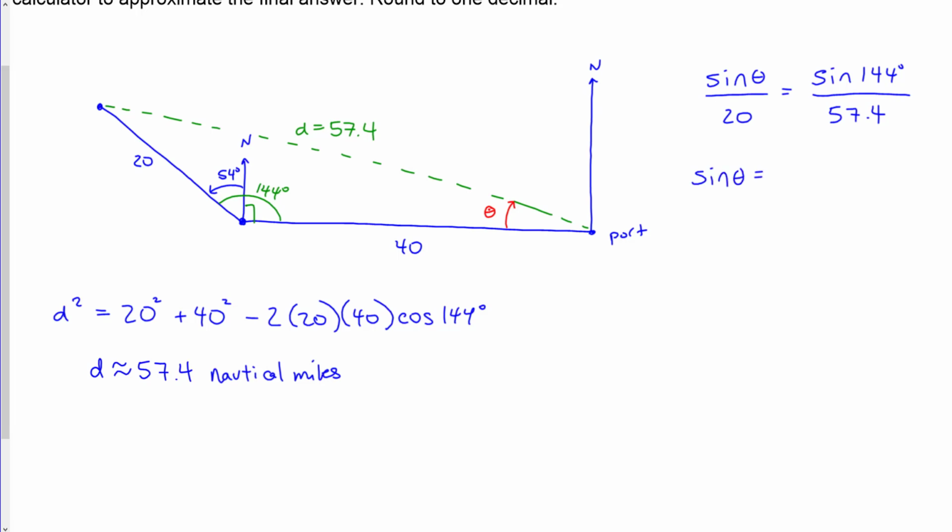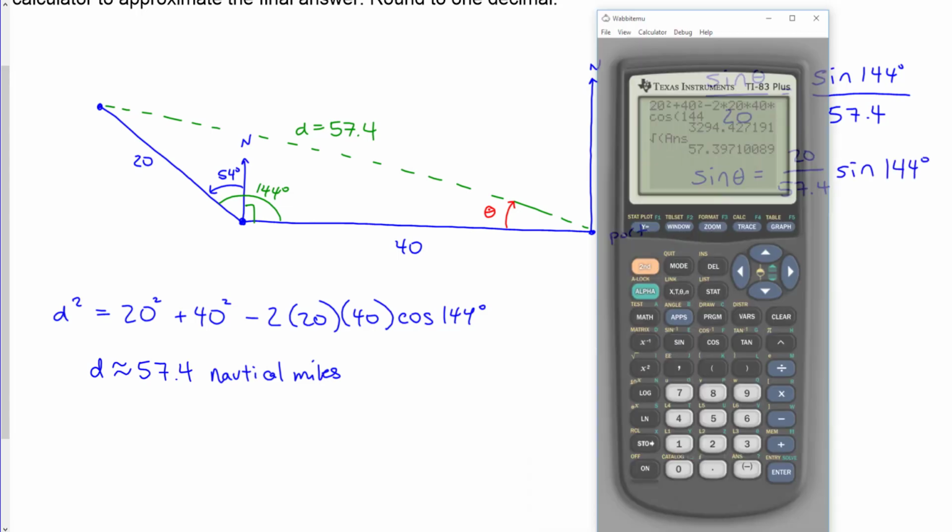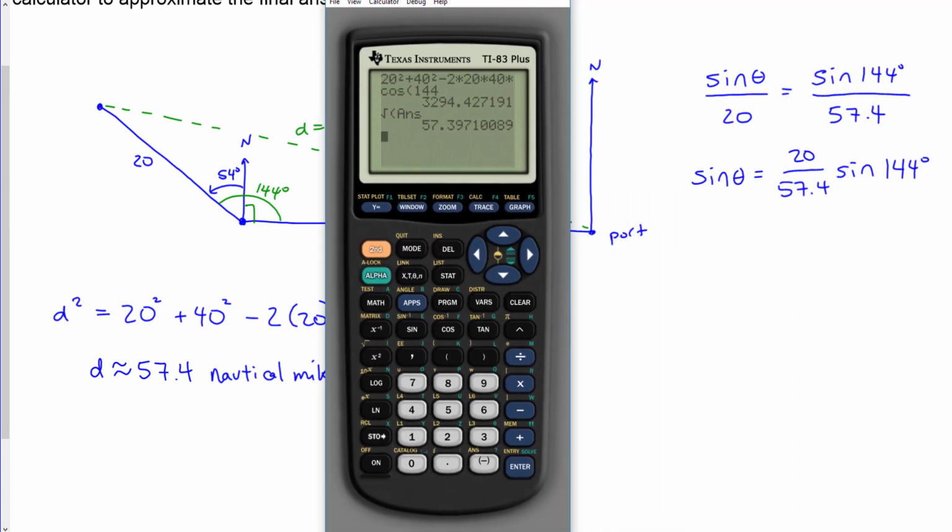So sine theta is 20 over 57.4 times sine of 144. We'll get the calculator out to help us here.